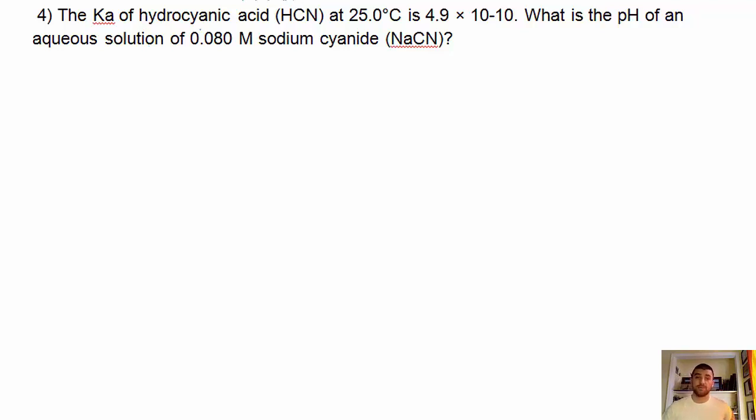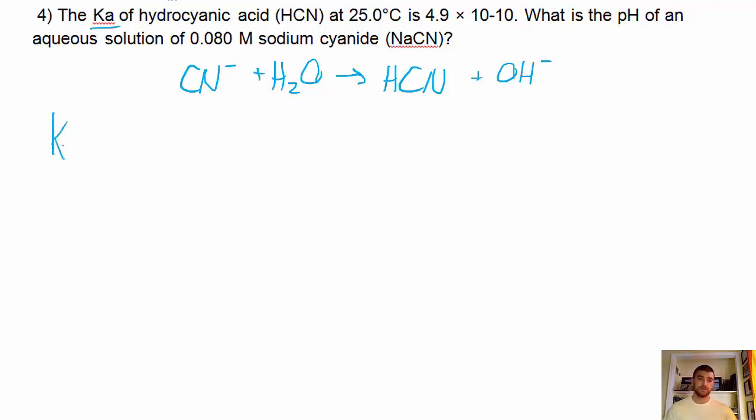So again, what's going to happen is the sodium cyanide is going to dissolve to give you the cyanide ion, which will react with water to give you the hydrocyanic acid, HCN, and the OH minus. So again, they give me the Ka, but the Kb is going to be what's useful to me. So Kb is equal to that Kw over Ka.